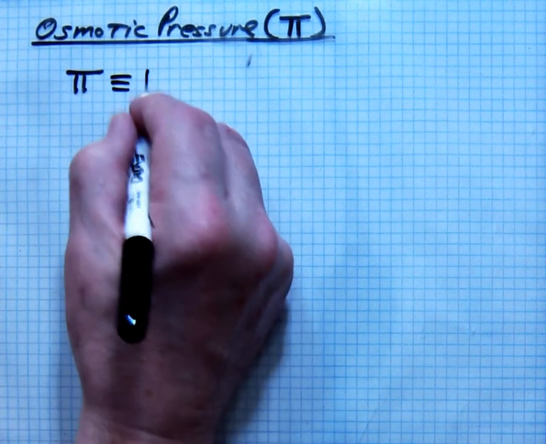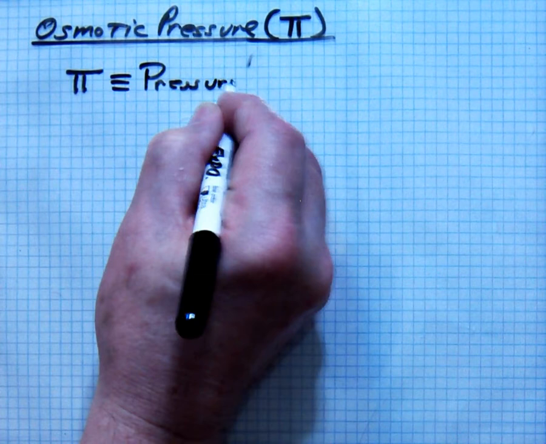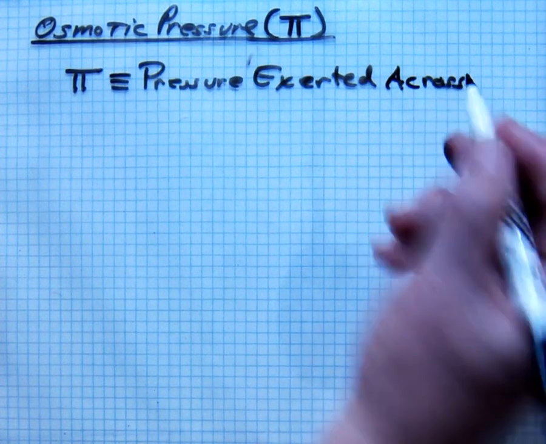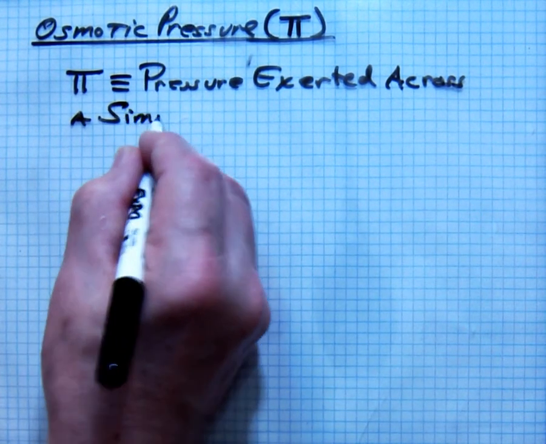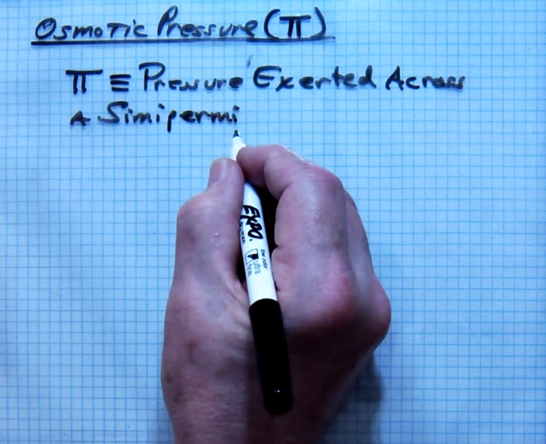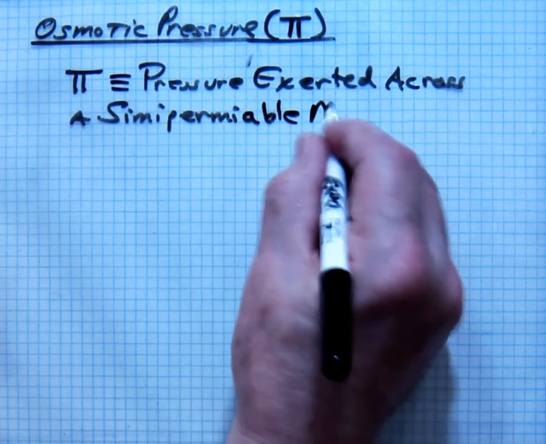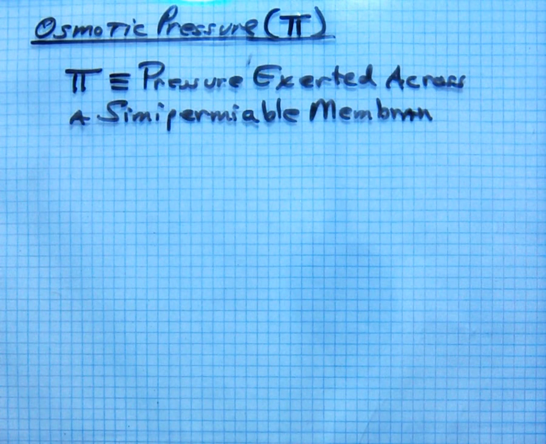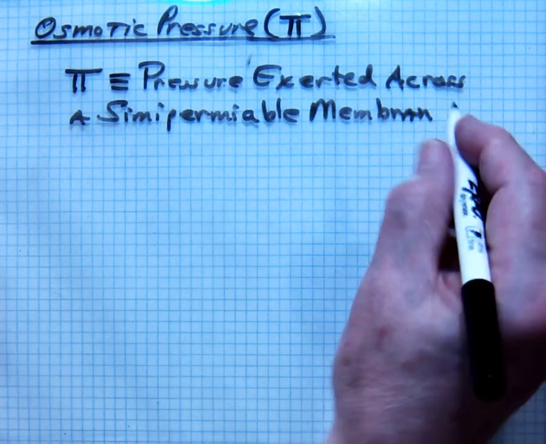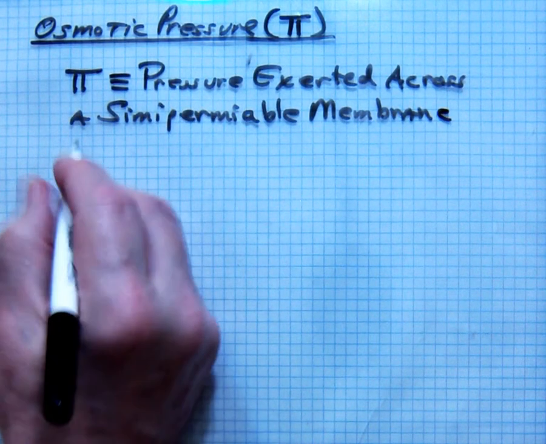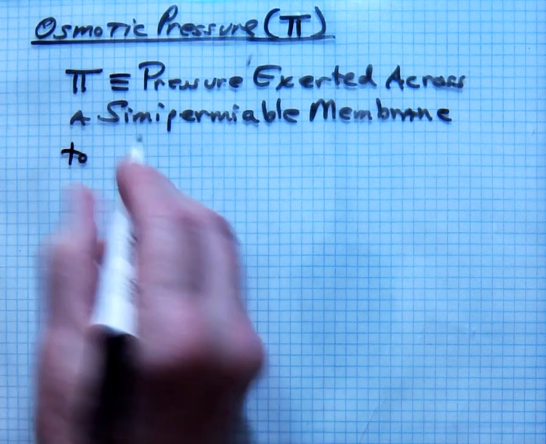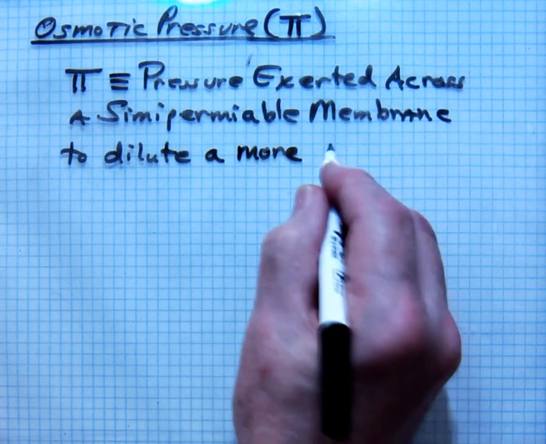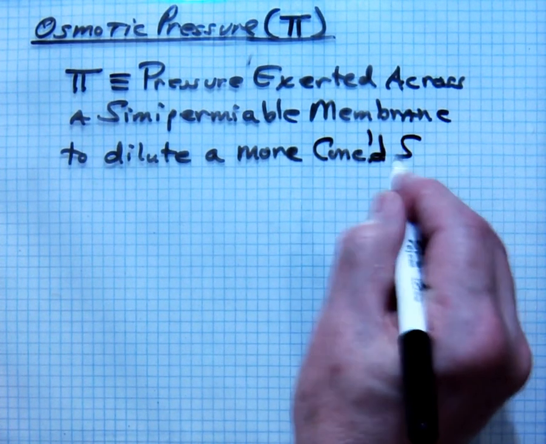Osmotic pressure is the pressure exerted across a semi-permeable membrane to dilute a more concentrated solution.